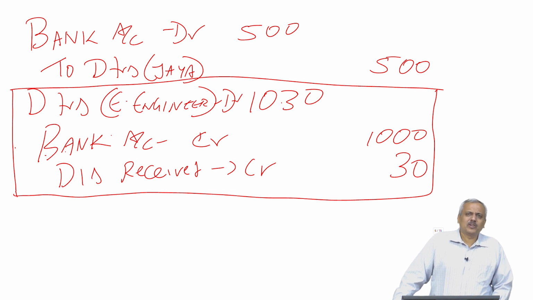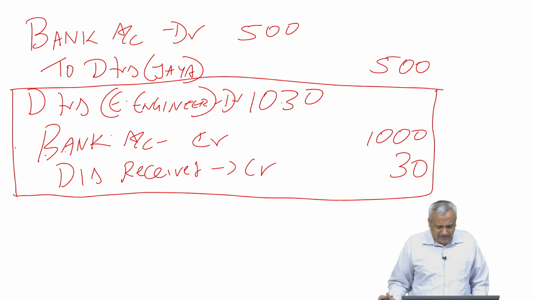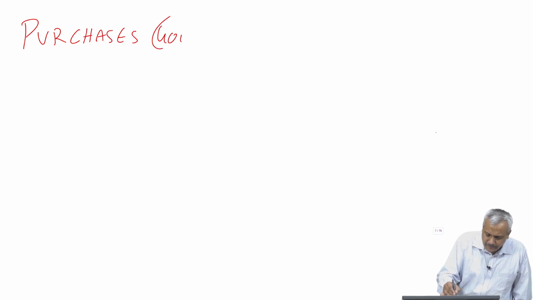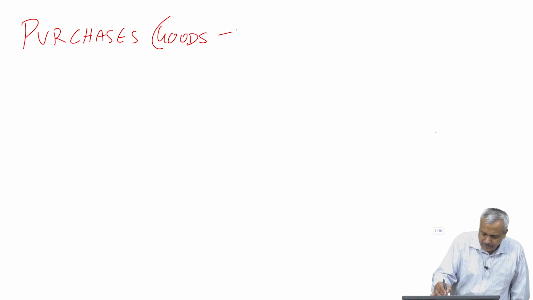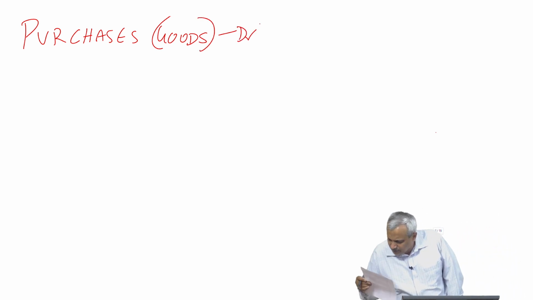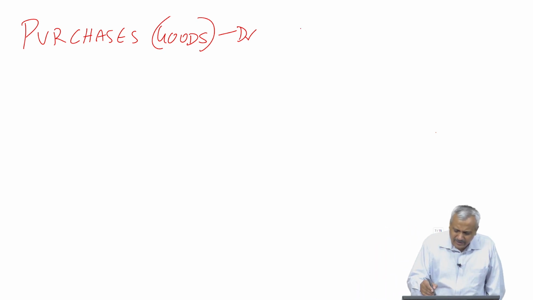When you buy goods, what is happening? Goods are coming into your factory, that is what you call purchases. How much is the amount? It is about 900.